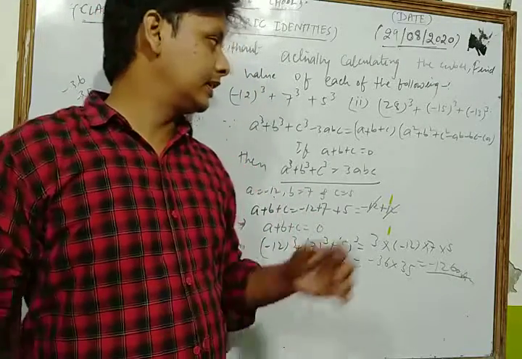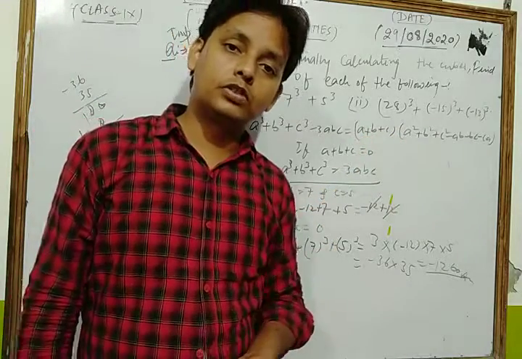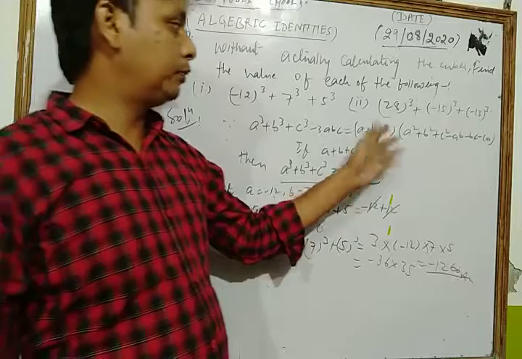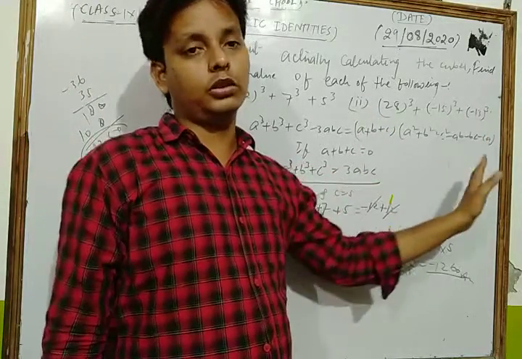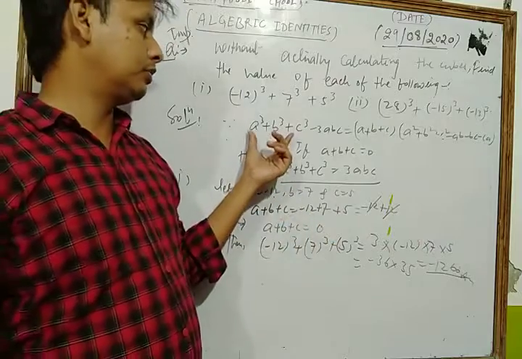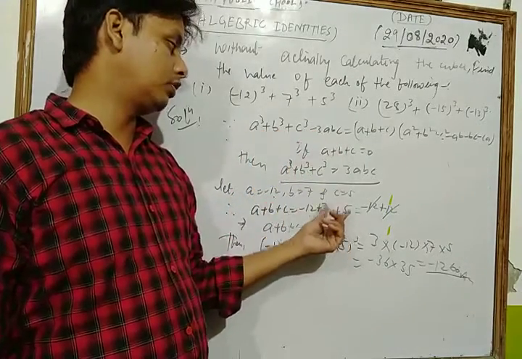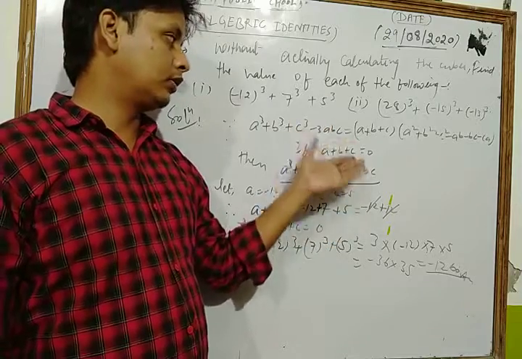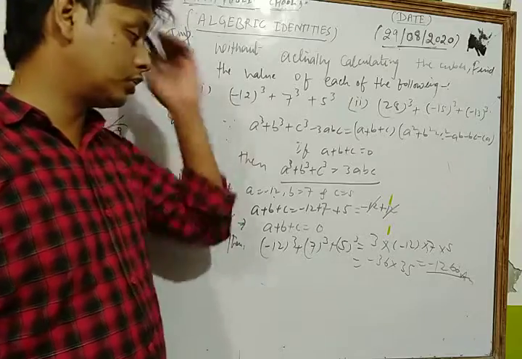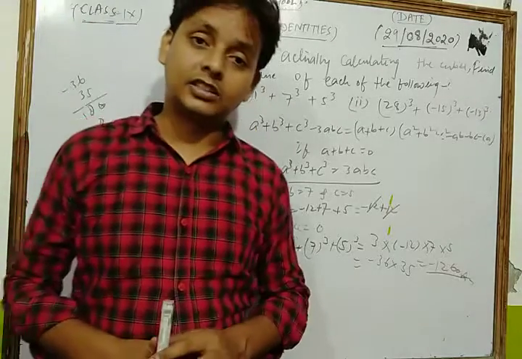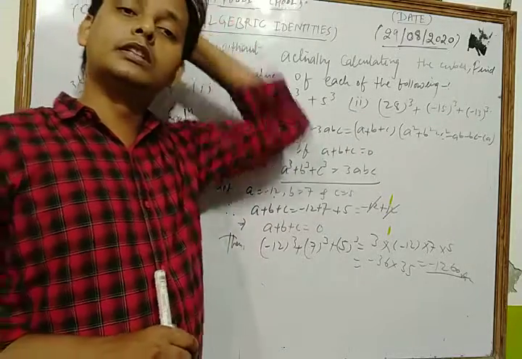One important condition is if a plus b plus c is equal to 0, then that part becomes 0, and our formula becomes a cube plus b cube plus c cube is equal to 3abc. Based on this formula you can solve all the questions of your NCERT exercise.